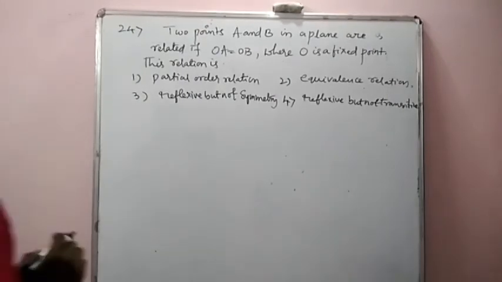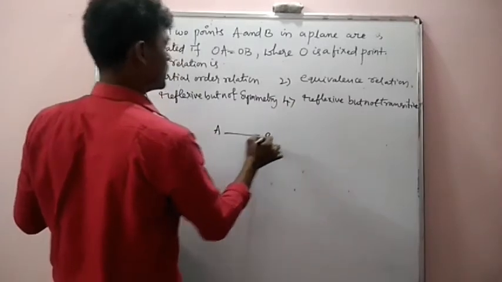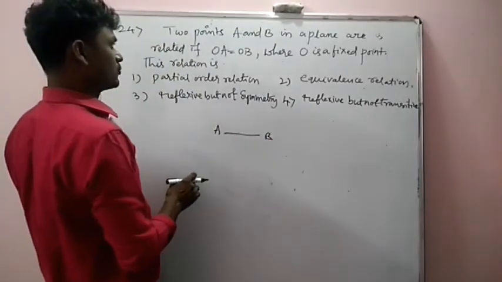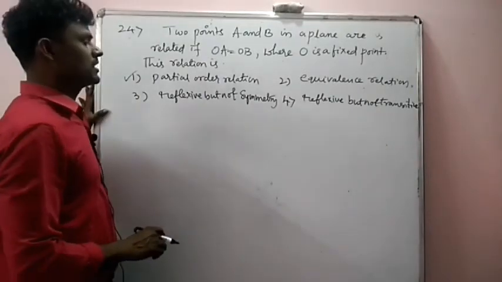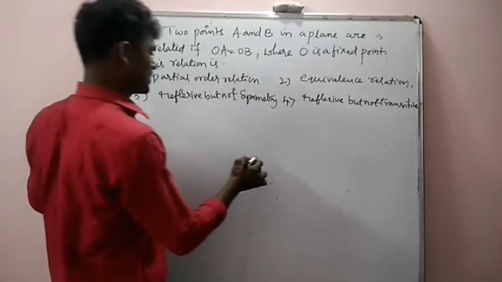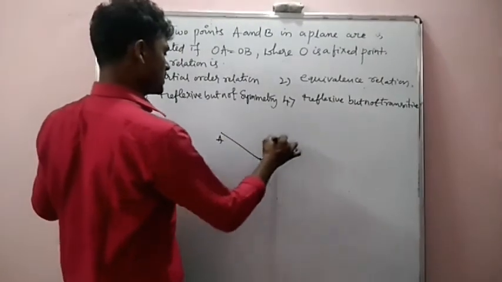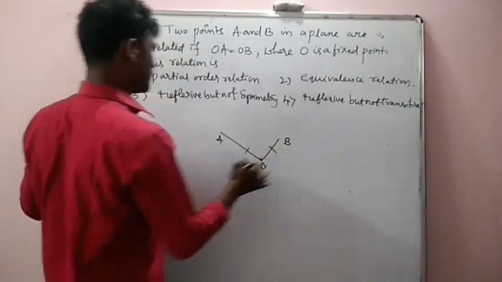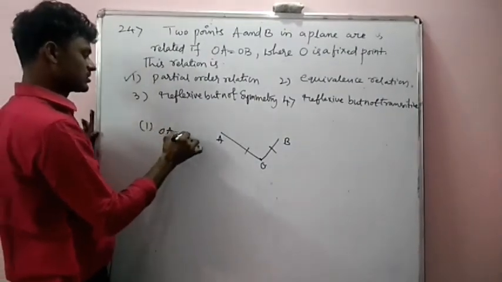Next question: two points A and B in the plane, related by OA is equal to OB, where O is a fixed point. Then OA is equal to OB, both are equal. We check: OA is equal to OA, reflexive.